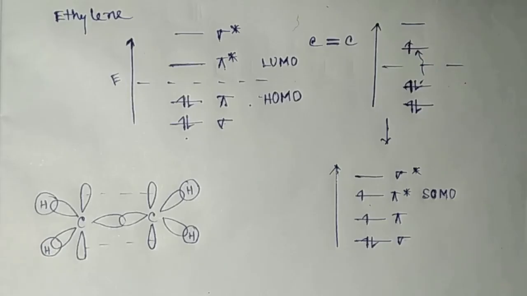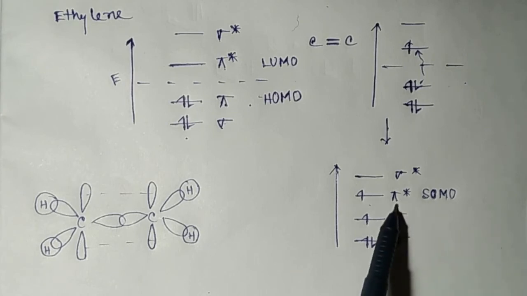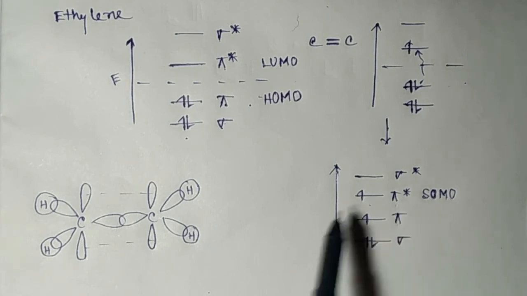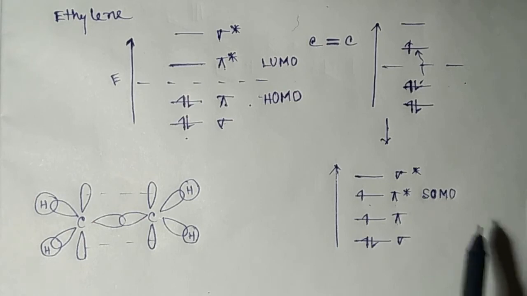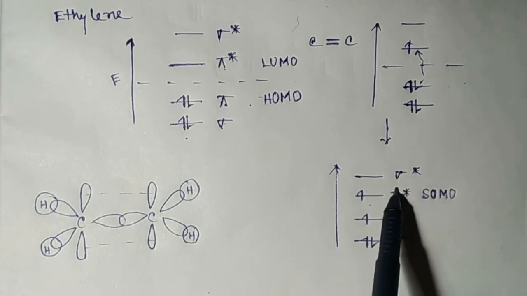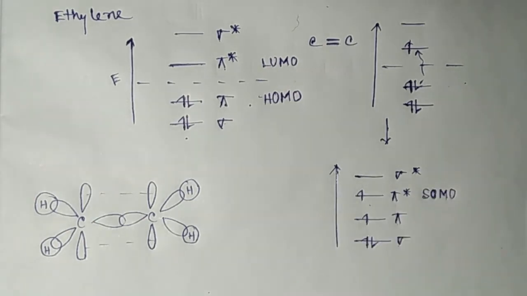So this is the molecular orbital diagram of the ethylene molecule, and if we only consider the pi molecular orbital diagram, then we just write the pi and pi star molecular orbitals, and simply eliminate the sigma and sigma star orbital portion.